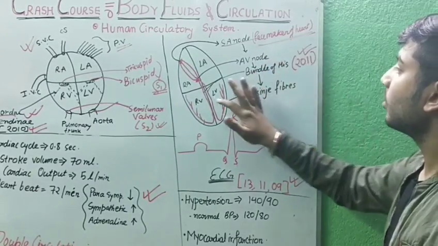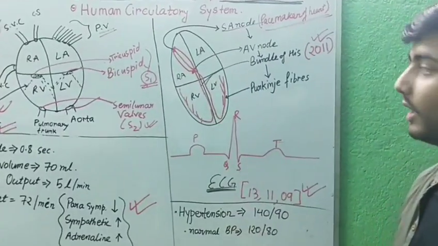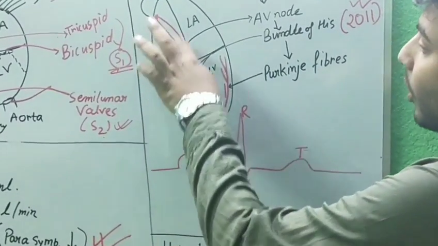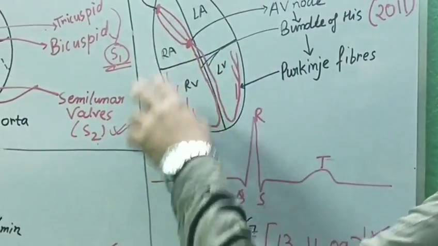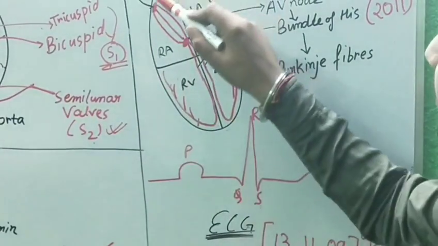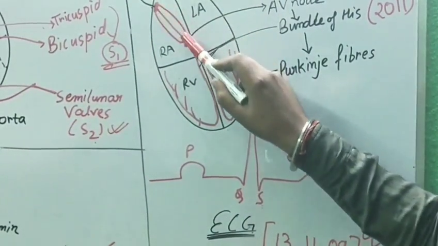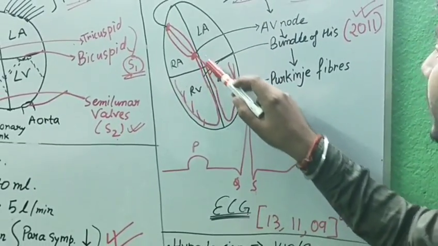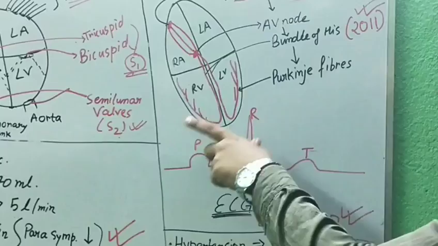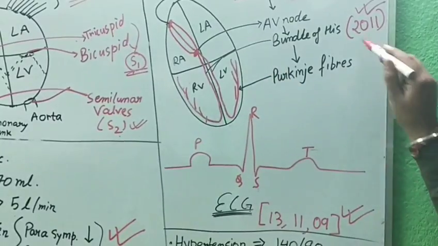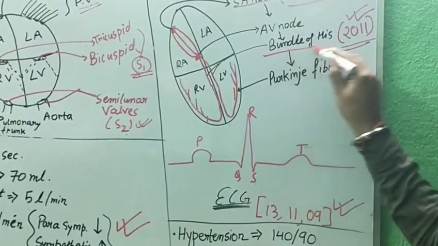Now, the AV node is also present in the right atrium, in the lower left part of the right atrium, and between them are the internodal fibers. The impulse will go from the SA node to the AV node, then from the AV node to the bundle of His. See, here are two bundles, right? That's why bundle of His. So this question came in 2011: where is the bundle of His present?